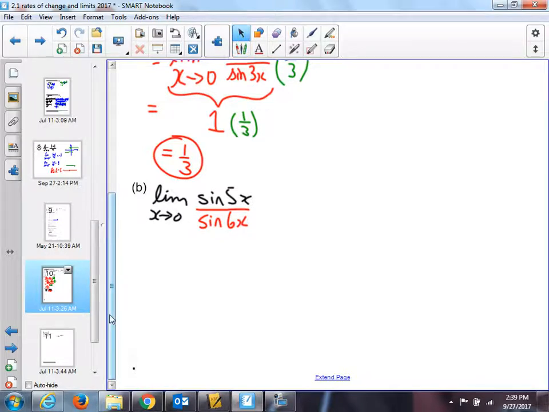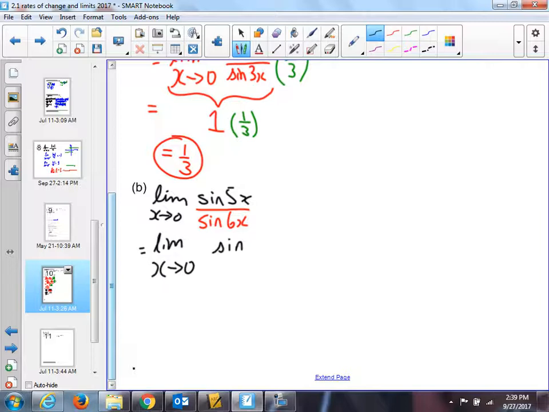I'm going to write it out longer than I normally would, because I'm going to show you my thought process this way. The limit of x approaching 0, I think of this as sine of 5x times 1 over sine of 6x.